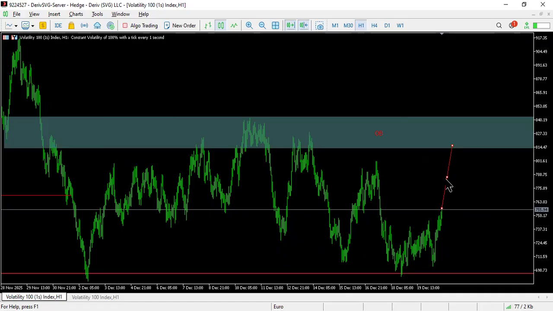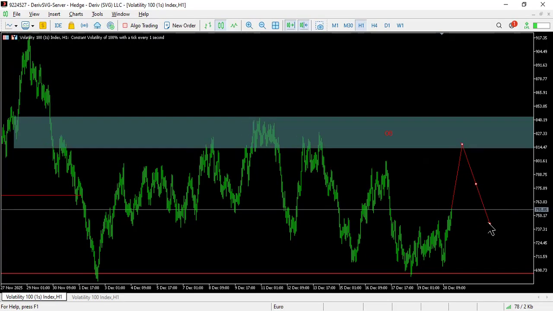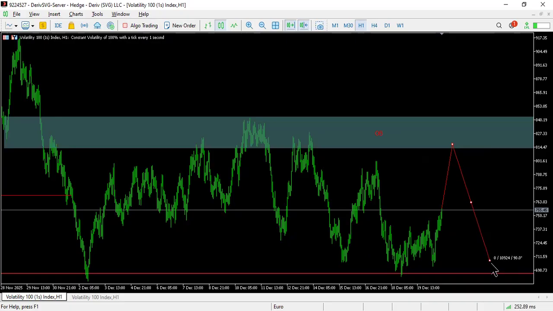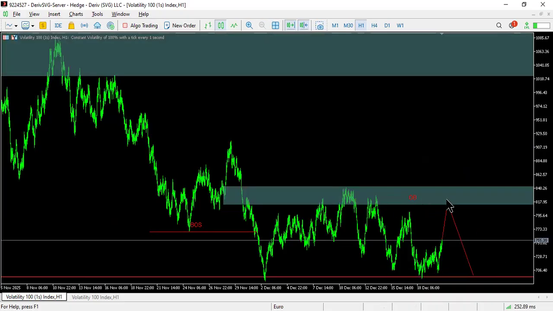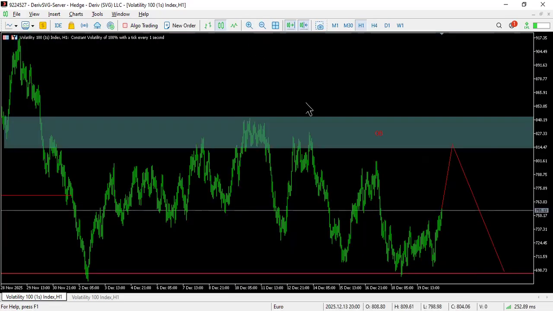So I'm expecting a further push to that resistance level, and then I'm going to wait for a reversal to happen for price to continue selling because the overall trend is bearish. I'll only change my bias when price invalidates my order block, but as of now, this is the move that I'll be waiting for on VIX 100 1S.